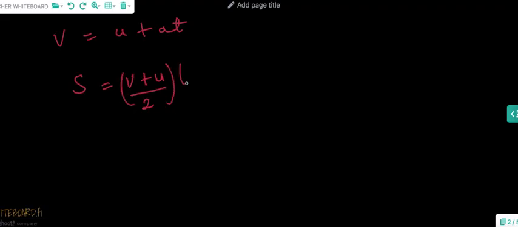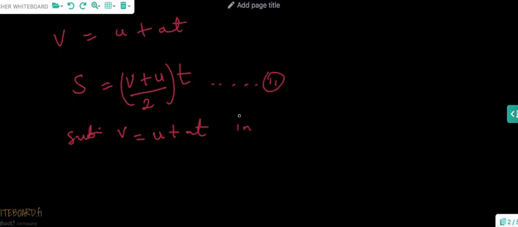So distance covered equals average velocity, that's initial plus final divided by 2, times t. We know that v equals u plus at, so let's substitute v equals u plus at. Let's say this one is equation 2.